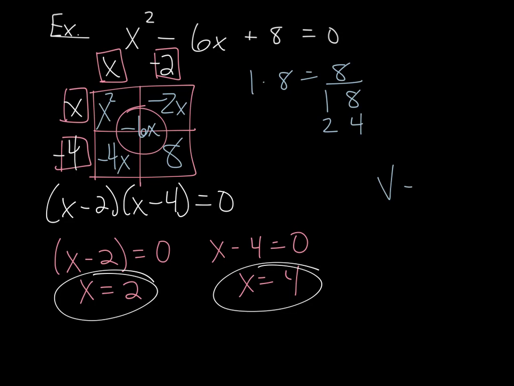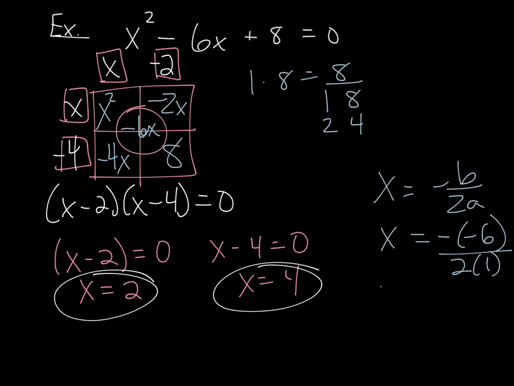My vertex formula, remember, for x is, it's not v equals, it is x equals negative b over 2a. So in this deal, my b value is 6, so it's going to be negative 6 over 2 times 1. So x equals 3.